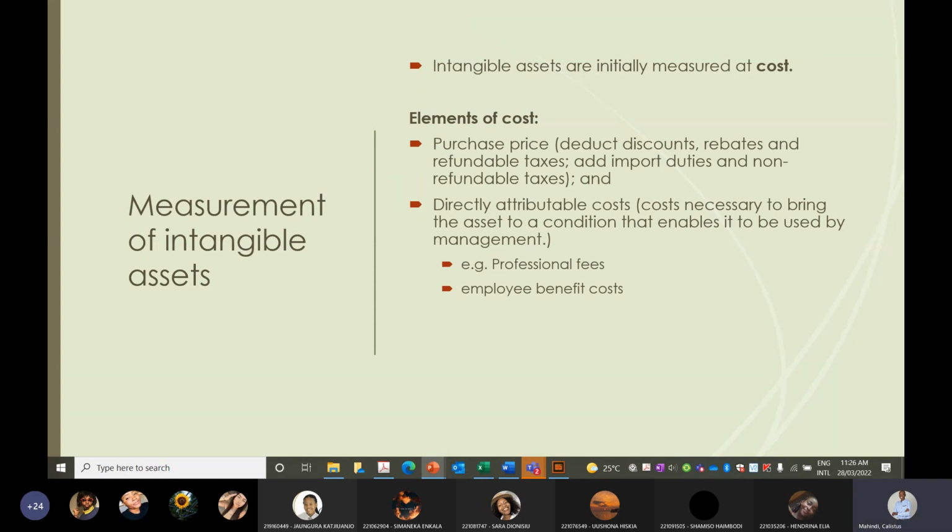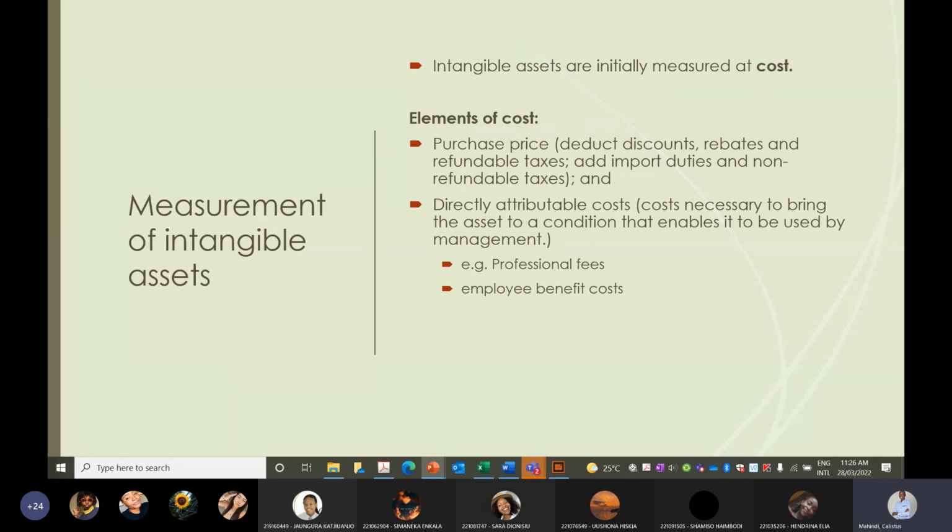Let us look at internally generated intangible assets. So software like Microsoft Teams. Microsoft Teams did not just come out of nowhere, right? There's a group of workers or Microsoft employees that actually developed the software, isn't it?